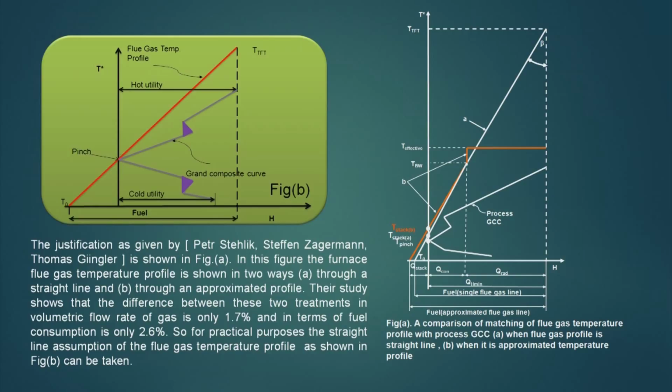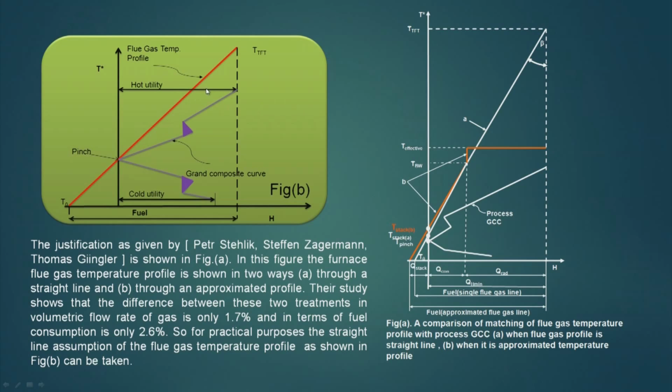Now, we have seen what the actual temperature profile in a furnace is. That actual temperature profile can be represented in two ways. One way is this and another way is this red line. So, this is the approximate temperature profile of the furnace.